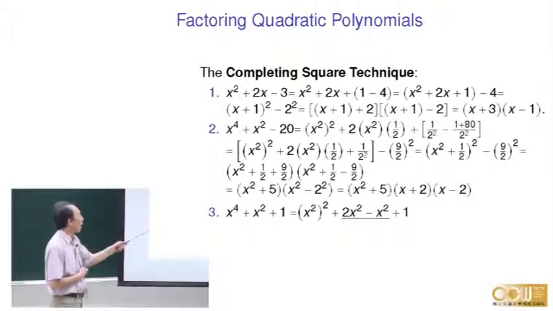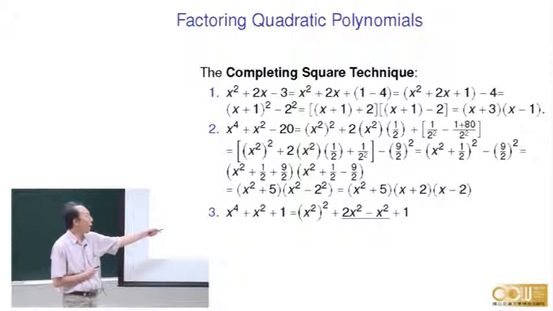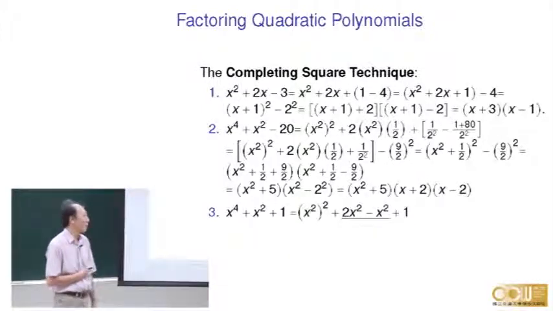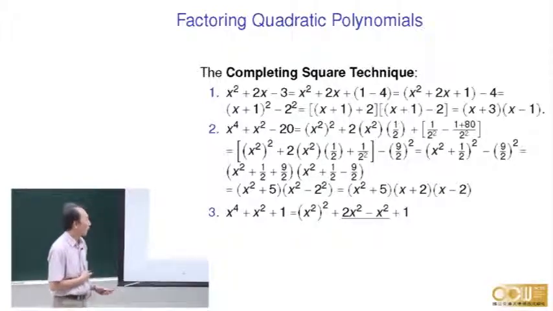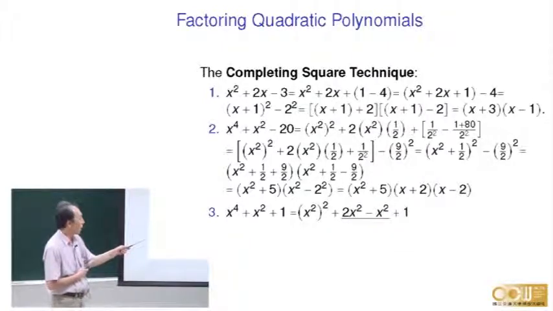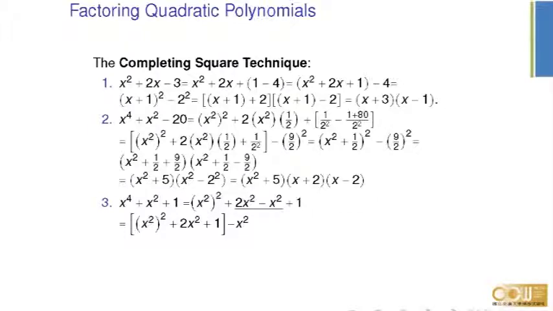I change the x squared into 2x squared minus x. Then switch this to all the two terms. It becomes, using the associative law, x to the fourth plus 2x squared plus 1 minus, putting this term to the last, minus x squared.